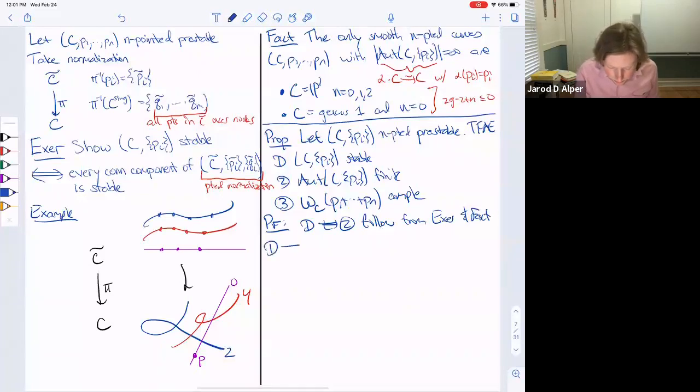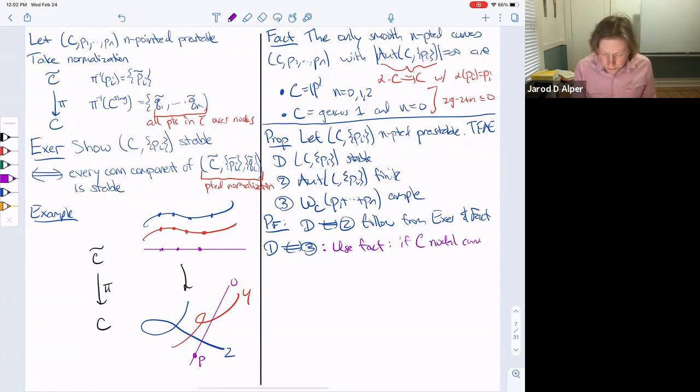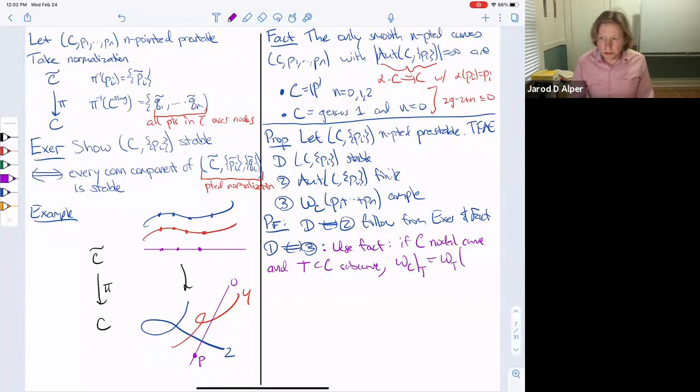For the equivalence with 3, we need to use one property of the dualizing sheaf that I didn't mention last time. So let me say it here. We're going to use the following fact: if C is a nodal curve and T inside C is a subcurve, then if I take omega C and restrict it to T, it's the same as omega T twisted by the intersection points where T meets the rest of the curve, namely where T intersects its complement.